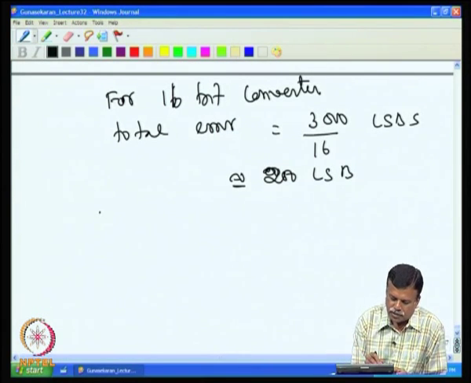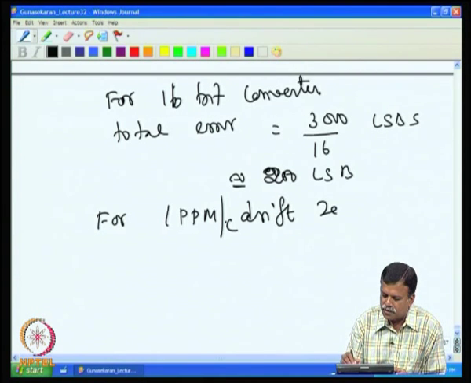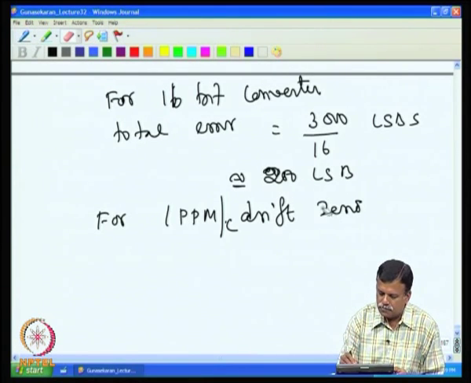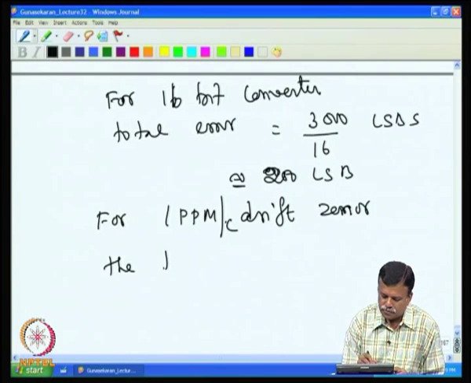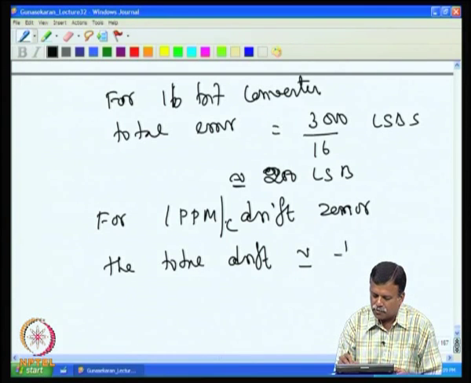For a 1 ppm per degree C drift Zener, the total drift would be 1 in 10 power 6 into 100 is the voltage drift.